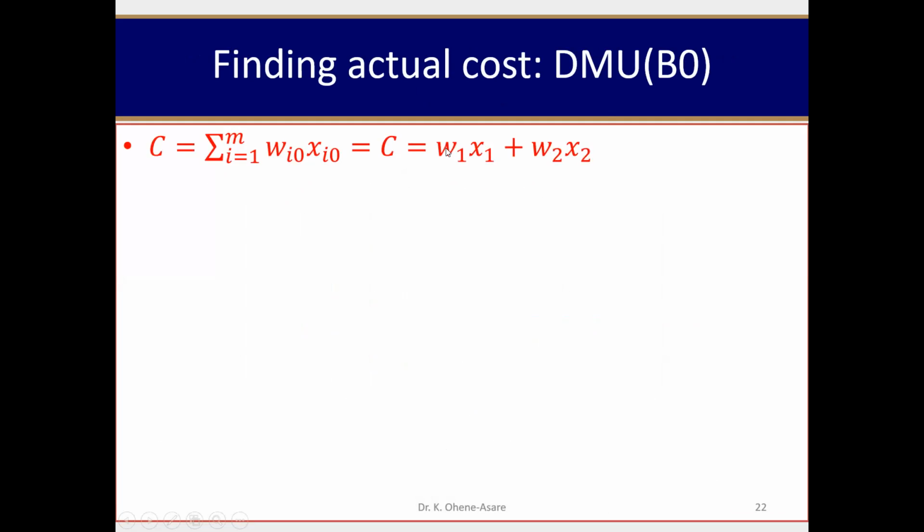So for DMU1, I made a mistake here. For DMU1, it will be W1 multiplied by that. Let me just slightly alter it.